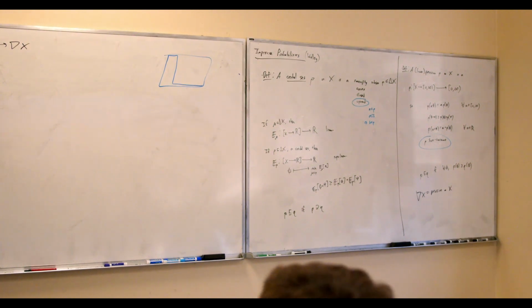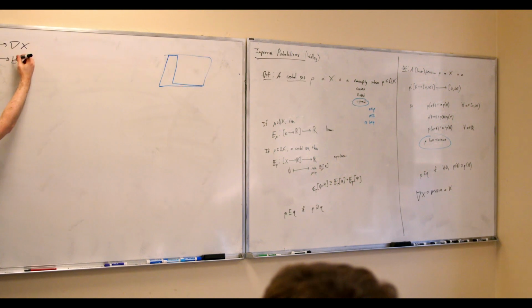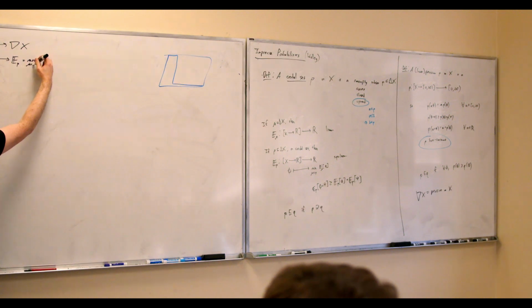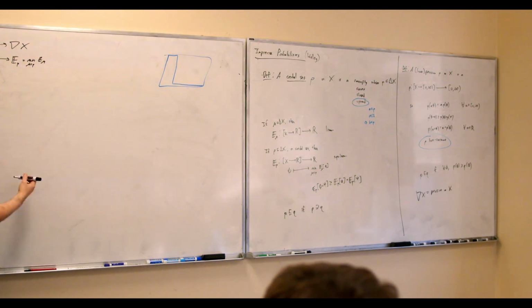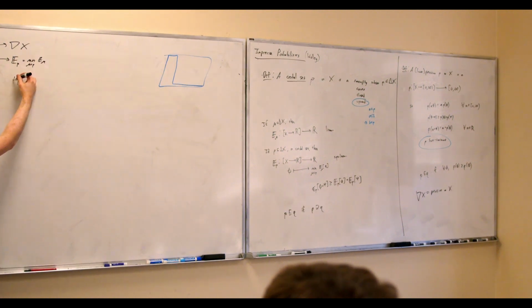The way that goes is, if you have a credal set P, write down E sub P, which is min over mu in P of the expectation of phi under mu. Going the other way, if little p is a provision, then we get a credal set, which is just the set of all distributions mu such that the expectation functional is greater than or equal to p on all inputs.